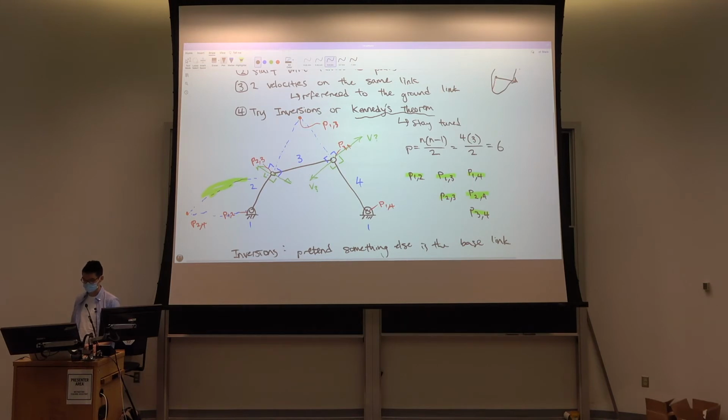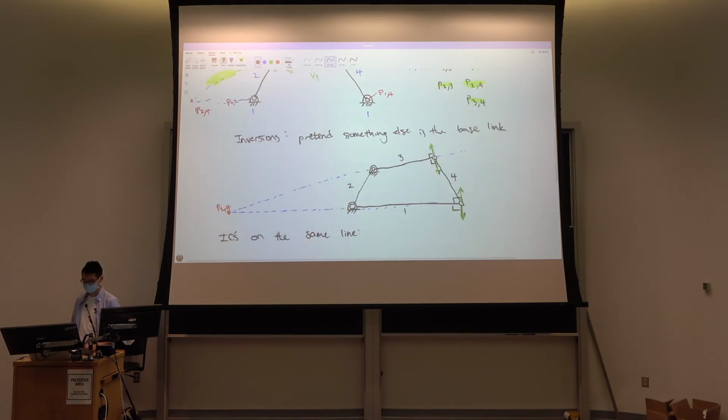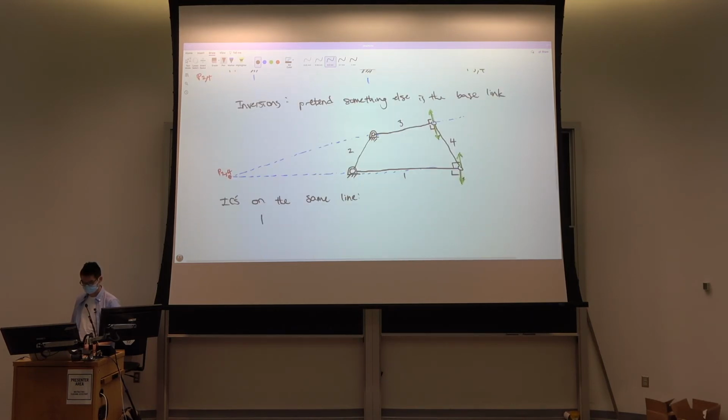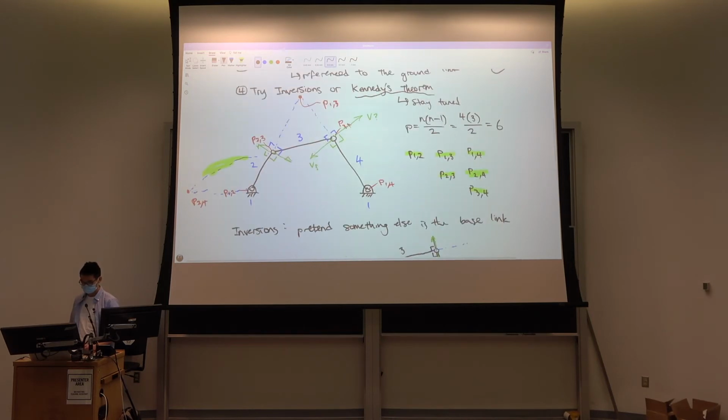P12, P23, and if you go even further, P13, right? Okay, so that's a good one. P12, P23, P13. Another might be P13, P34, P14, right? Those are 3 instance centers on the same line.